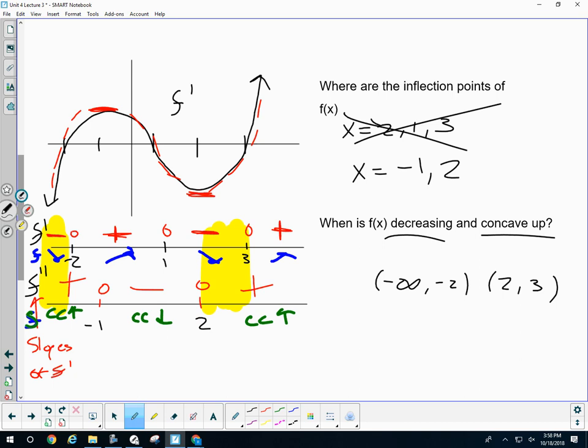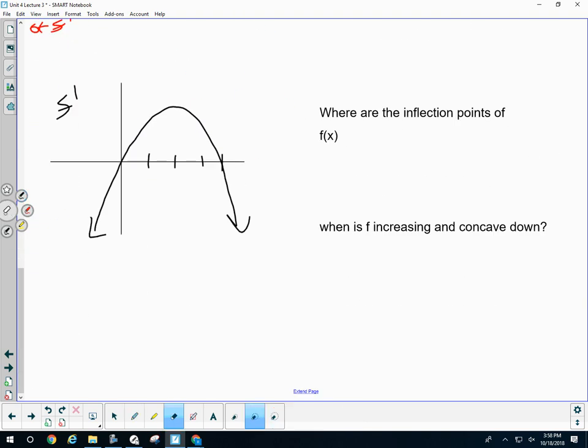Okay, next problem. Changing it up on you a little bit. I'd like you to pretend like there's a sharp point there. Okay, so just kind of like connect your things, sharp point.